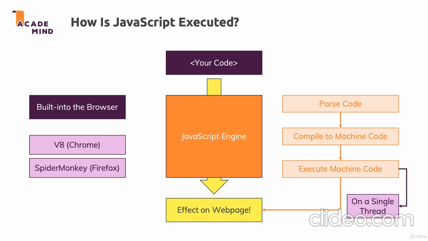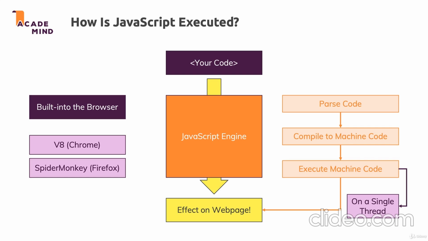The JavaScript code is also yet another task which your operating system in the end has to take care of. And this runs on a single thread. Of course, we have multi-threading on modern machines so that they can do multiple tasks at the same time, but the JavaScript code execution runs on one single thread. So the JavaScript code execution always happens in one single thread on your operating system.